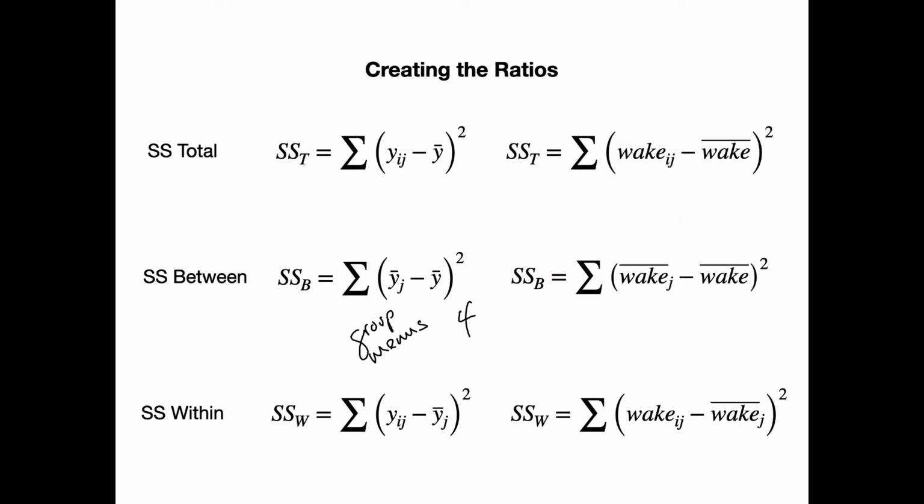This is again the 4 group means for the wake variable, and then this is the overall mean. So these values are the same across here. You can think of the sums of squares between as the variability amongst group means.